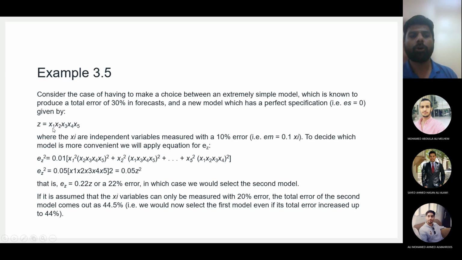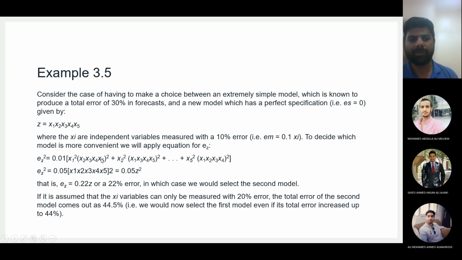Since for all variables the error is 0.1 of the x value, 0.1 squared can be taken as common outside. So this is why you see 0.01 here. 0.01 is basically the square of 0.1, because this is the error for all the x values. So in each term you will have 0.1 multiplied by some x value, 0.1 squared multiplied by some square of the x value. So 0.1 squared is taken outside as common.